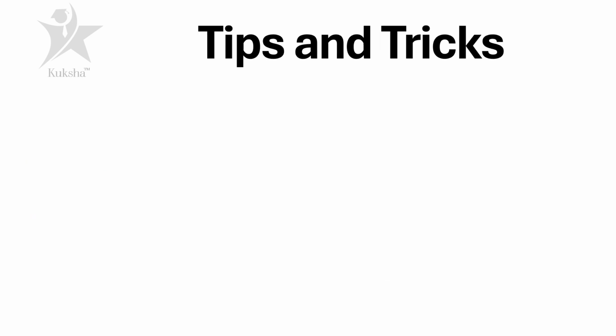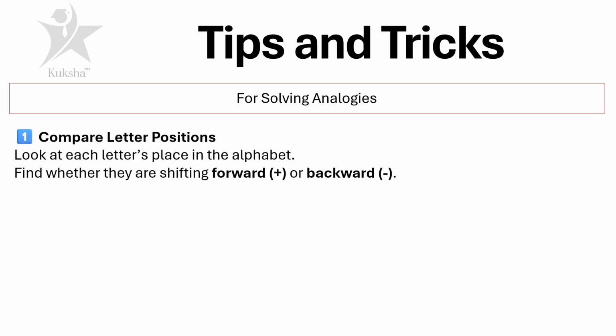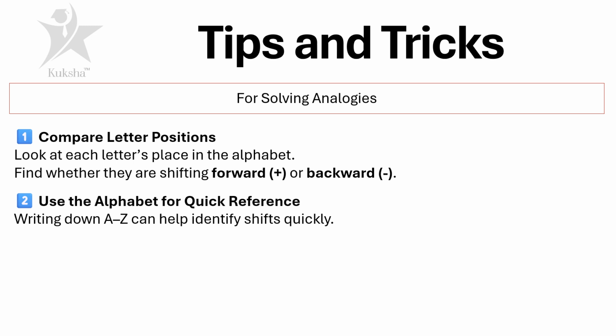So let's apply some tips and tricks on how to tackle similar questions. For solving analogies, number one, compare letter positions. Look at each letter's place in the alphabet and find whether they are shifting forwards or backwards. Use the alphabet for quick reference.